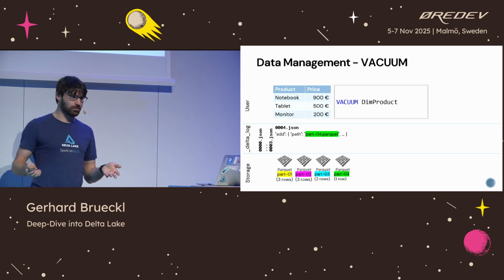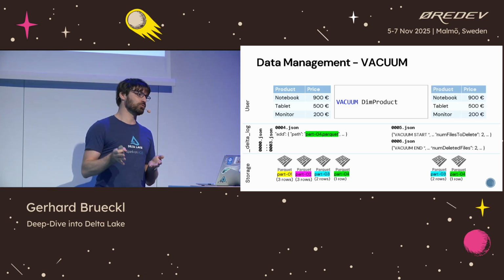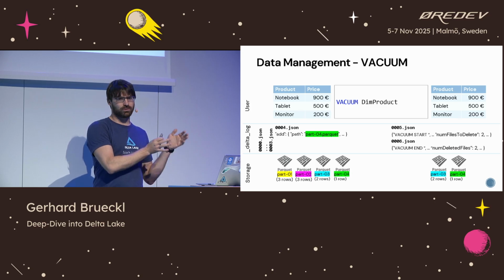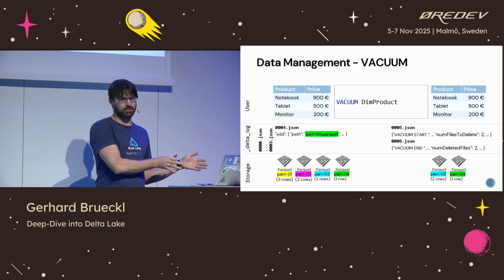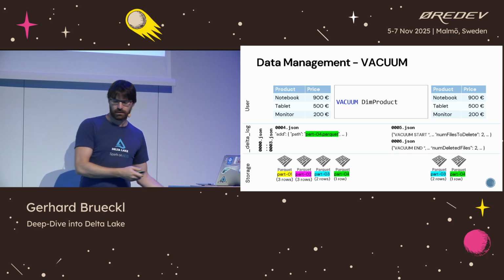What you can do is run a vacuum. When you run the vacuum, it physically removes the files that are not part of the most recent version of the Delta Lake table anymore. So this saves storage space or cleans up your storage.